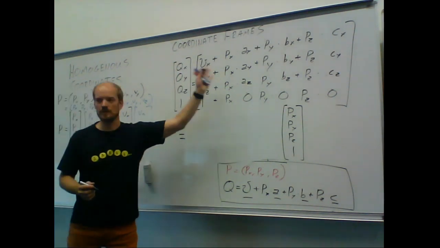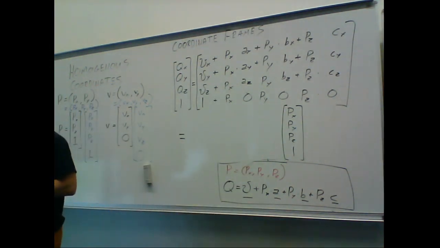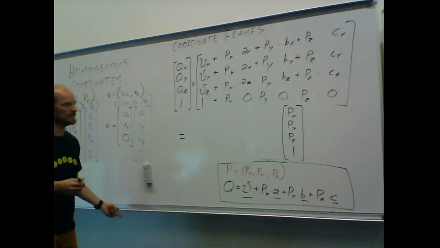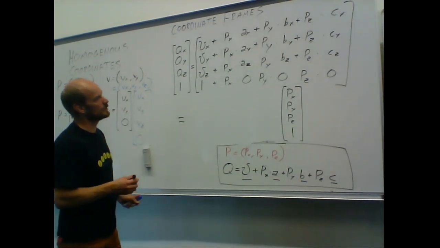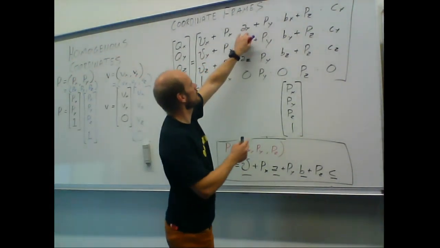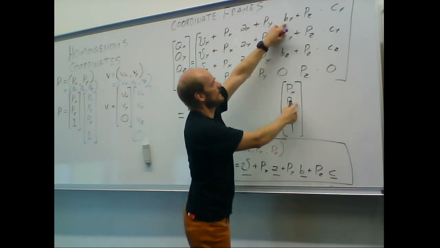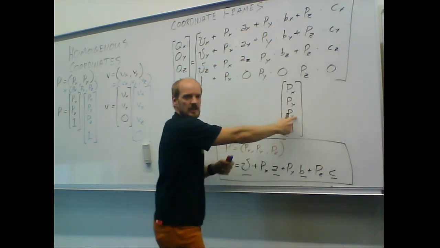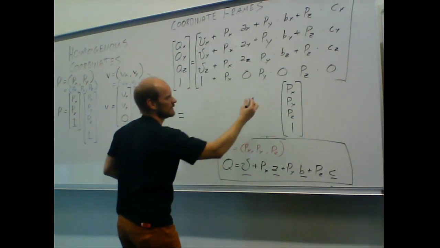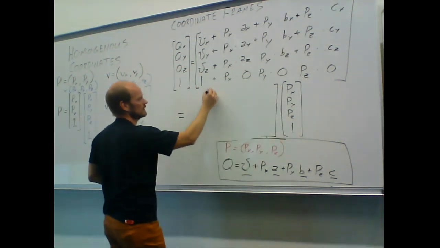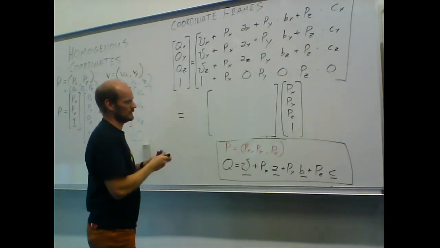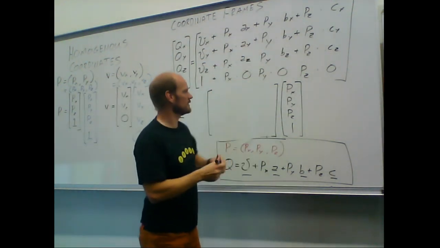Can I set this up as a matrix multiplication? There's some number times Px plus some number times Py plus some number times Pz, and that's going to be the top of this column matrix here.